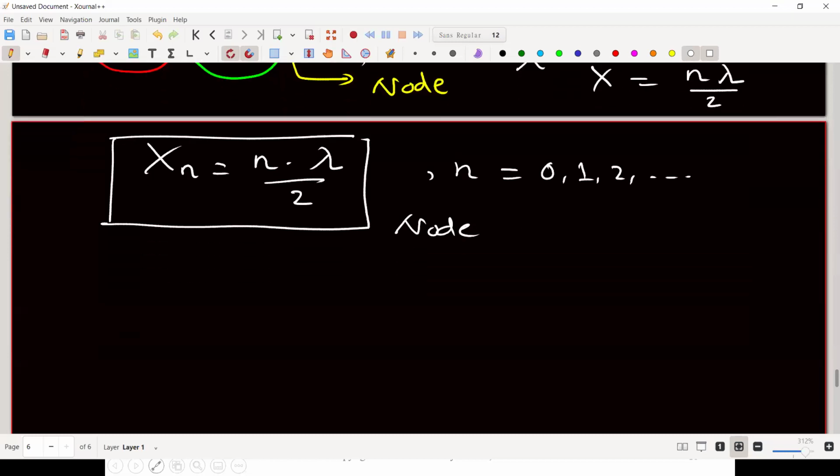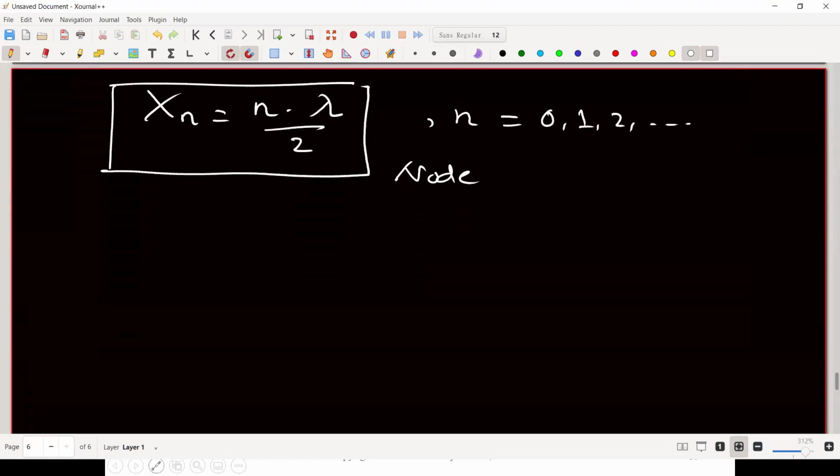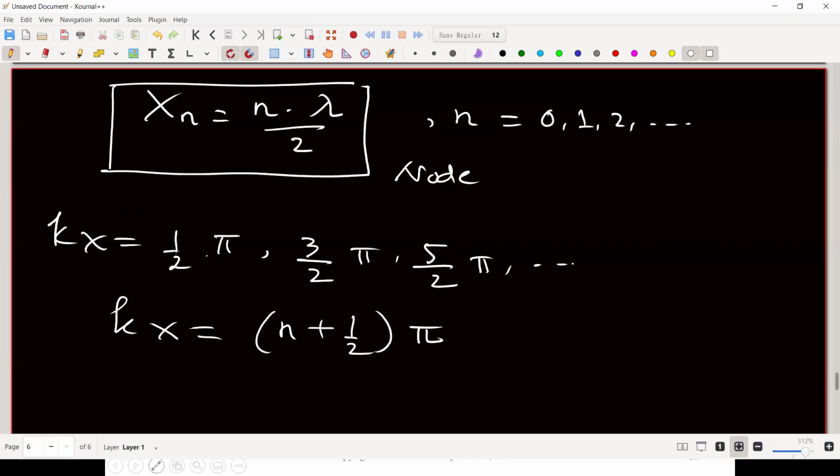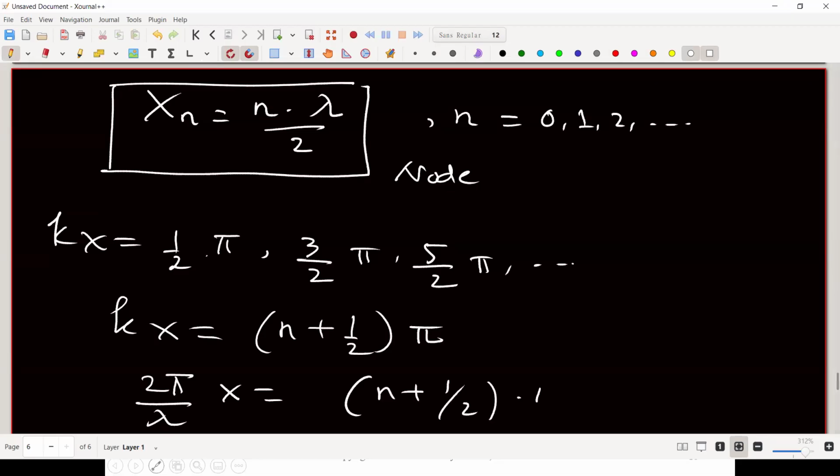But for antinodes, we can use kx equal to half of pi, then 3 halves of pi, 5 halves, and so on. So kx equals (n plus half) pi, or 2 pi divided by lambda times x is equal to (n plus half) pi.